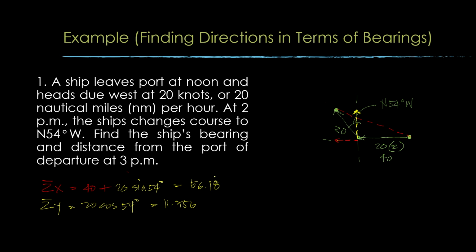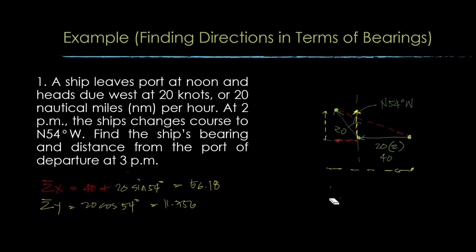56.18. Okay, so the distance of the ship from the port at 3 p.m. will be equal to this one. I moved this and put it plus this one, I'll just put it right at the bottom.